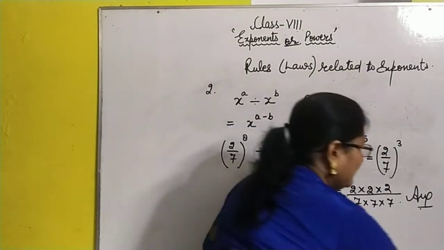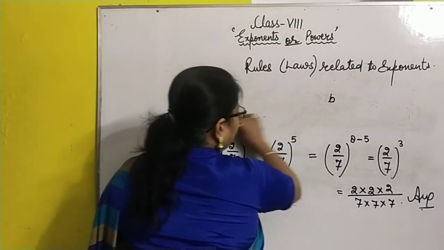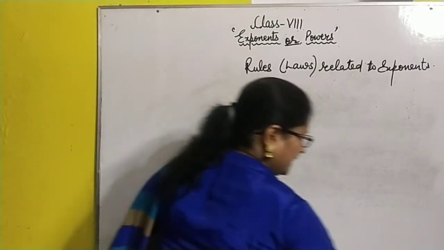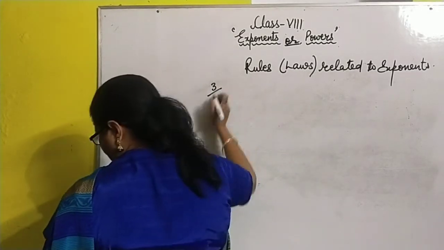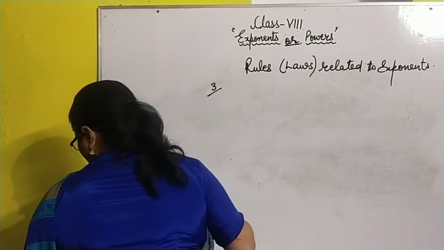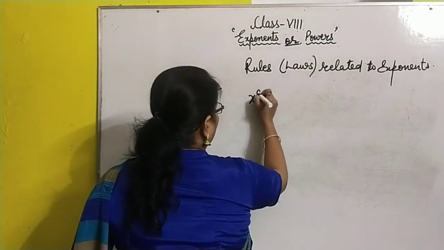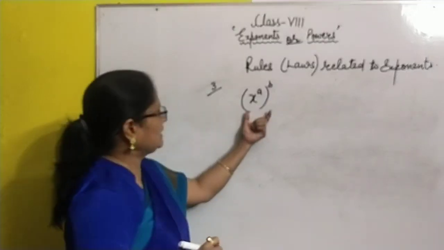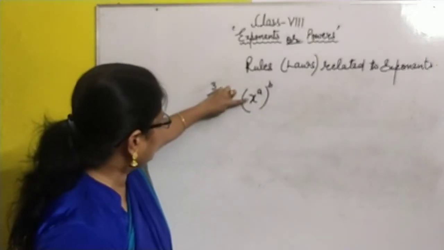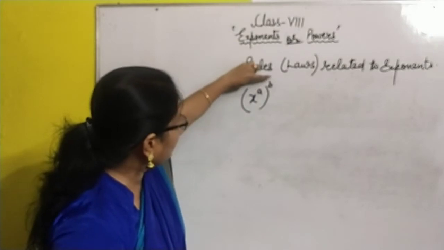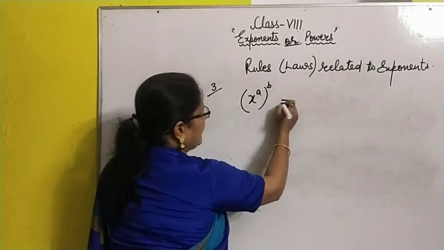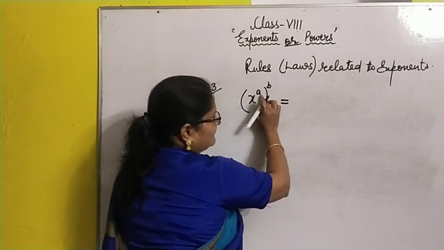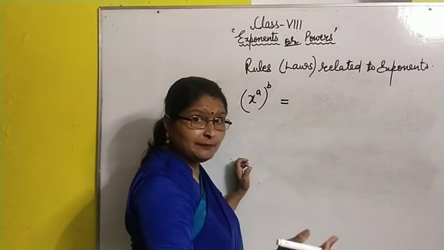Okay, now I am taking the third law, and the third law says that x raised to the power A, whole raised to the power B. What I mean is, x raised to the power A raised to the power B, here you can see the bracket sign in between both the powers. So the powers will be multiplied to each other.